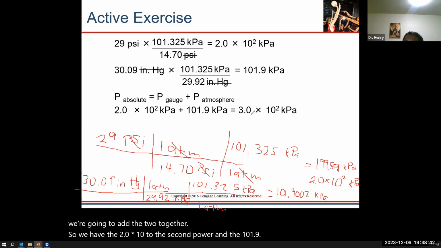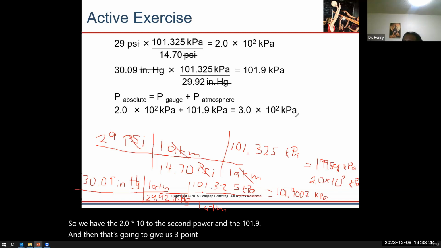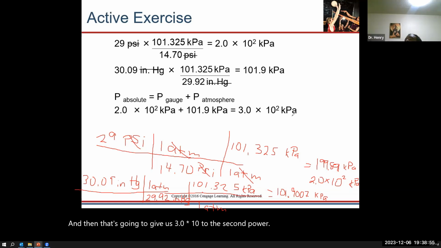And then that's going to give us 3.0 times 10 to the second power. And that's because they asked us for the absolute pressure.